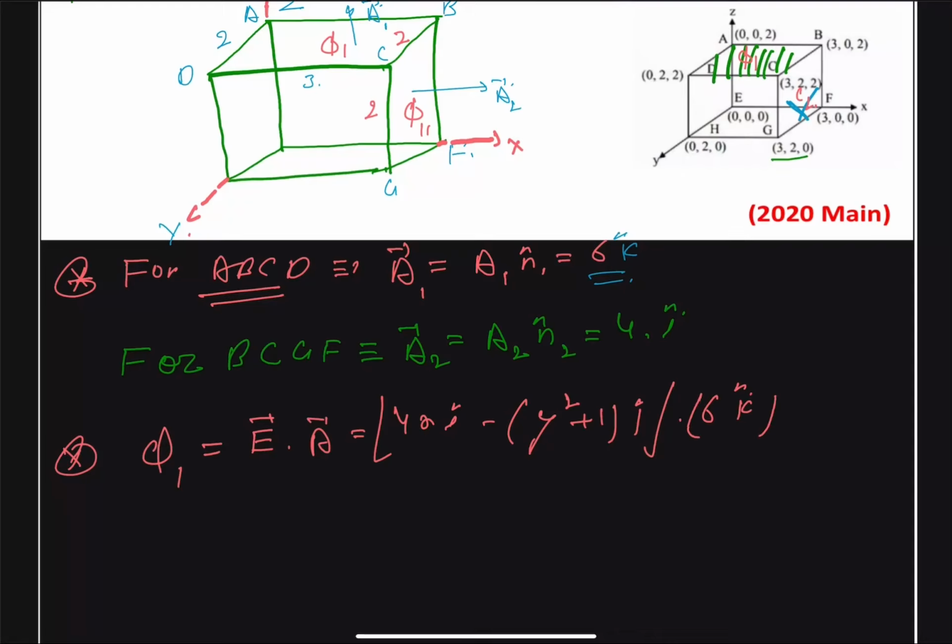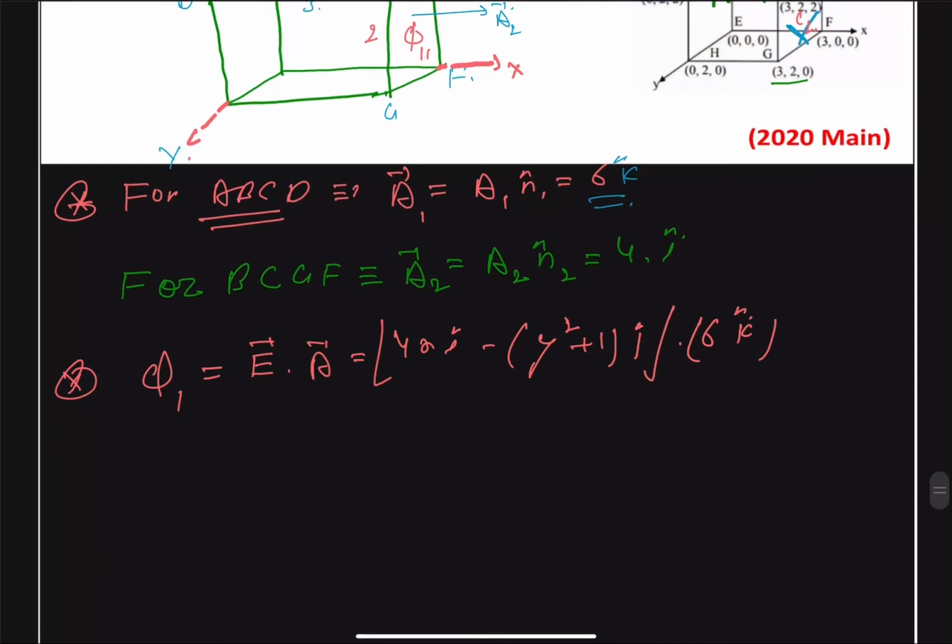So from here we get i dot k and j dot k is 0. So the flux for surface 1 will be equal to 0. So phi 1 is 0.